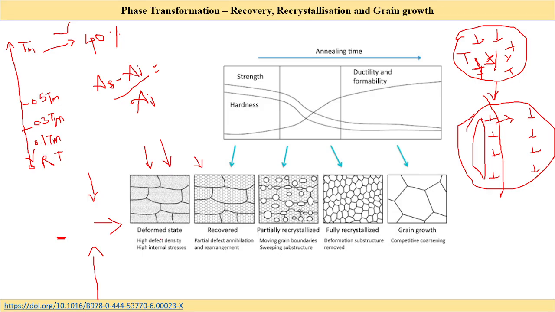So after that you have the rearrangement. This is the main cause for the recovery of strength, right? The rearrangement, just like I have shown here, the dislocation rearrangement here. This dislocation rearrangement results in the formation of new strain free areas, and because of this the new strain free grains will be formed. And where will they form?